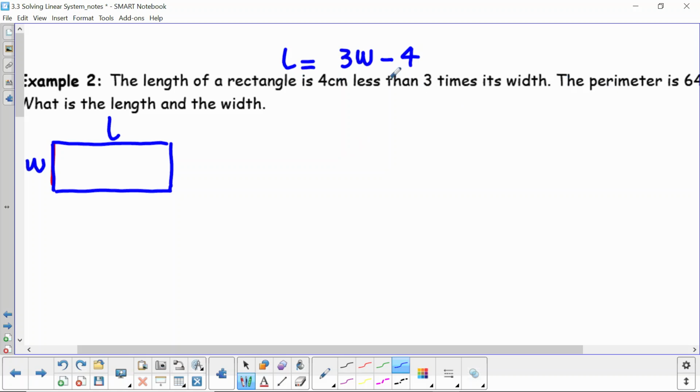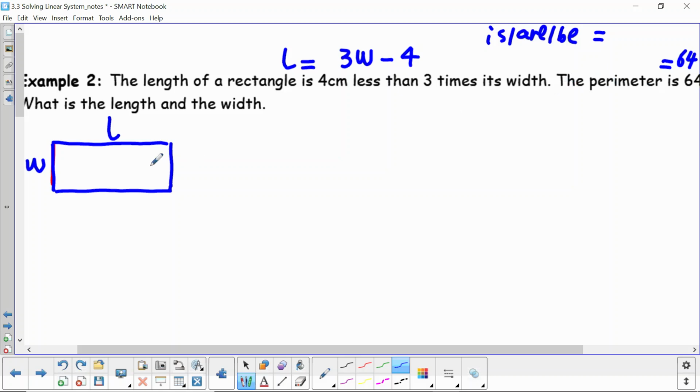This is the first sentence converted to a sentence in math. It will be an equation, and the perimeter is 64. So 'is' and 'are' are the equal sign in math.